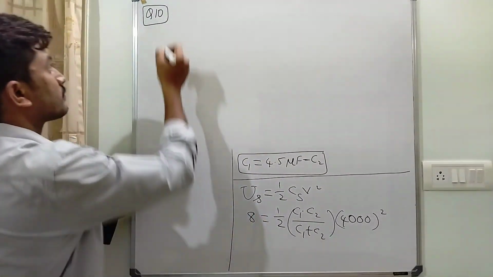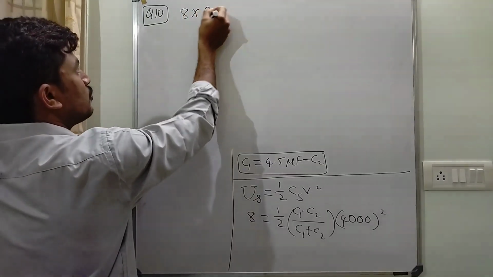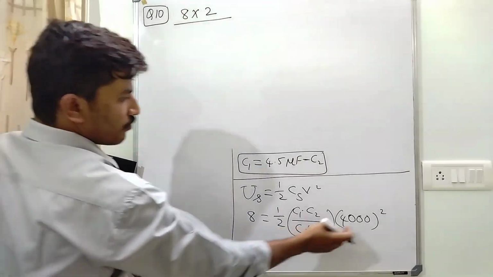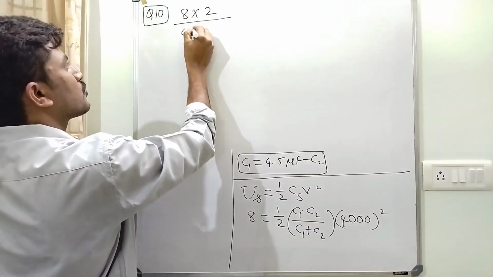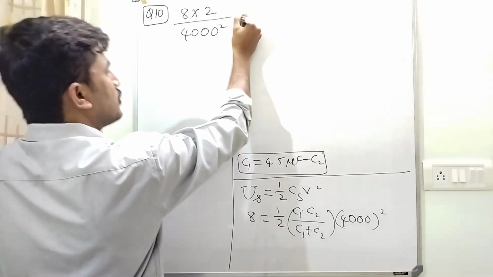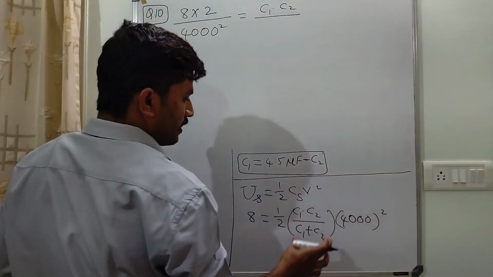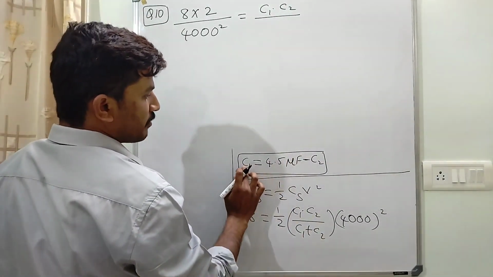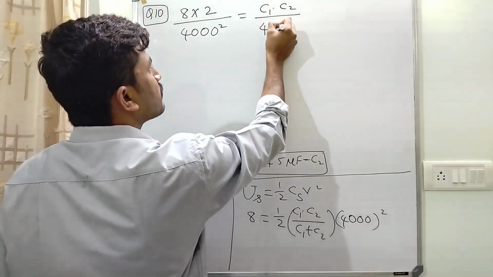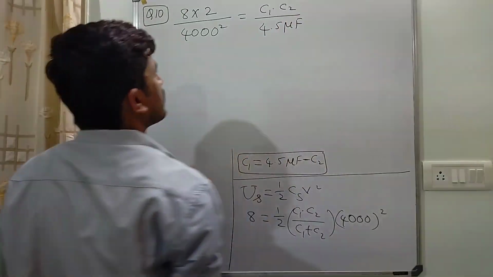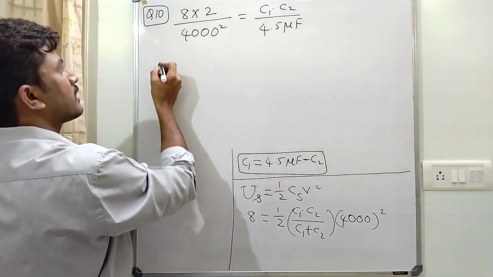Now here, 8 into 2 divided by 4000 square is equal to C1 C2 divided by, what is the value of C1 plus C2? C1 plus C2 is 4.5 microfarad. That 4.5 also will go to this side.